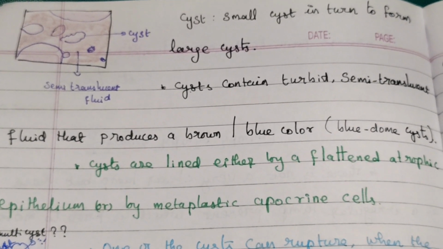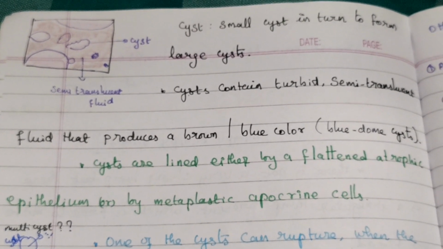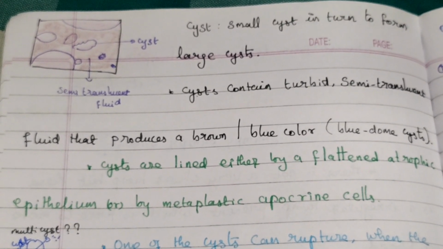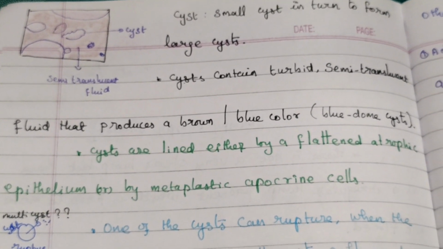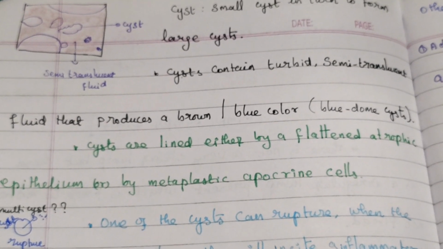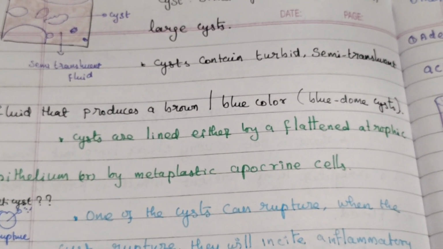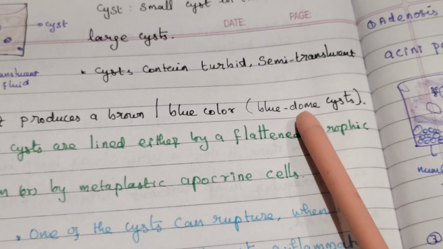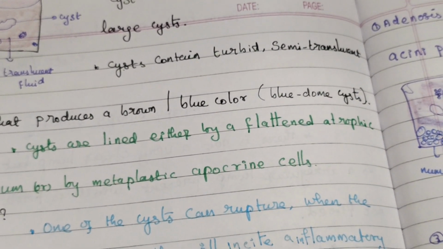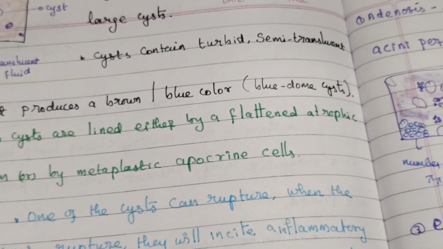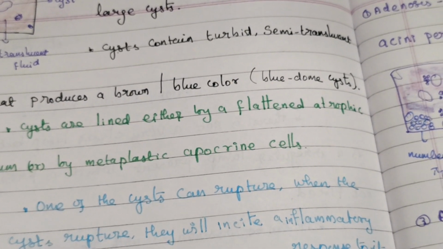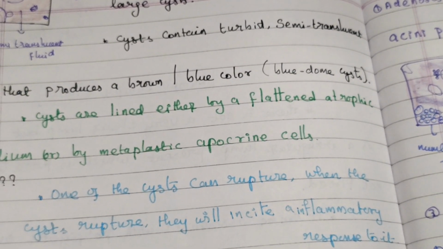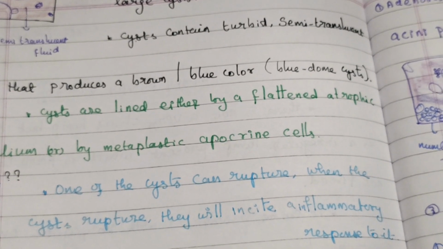Especially when the size of the cyst increases, the surrounding tissue appears slightly blue in color. Therefore it is called a blue dome cyst. This is the appearance of the cyst.